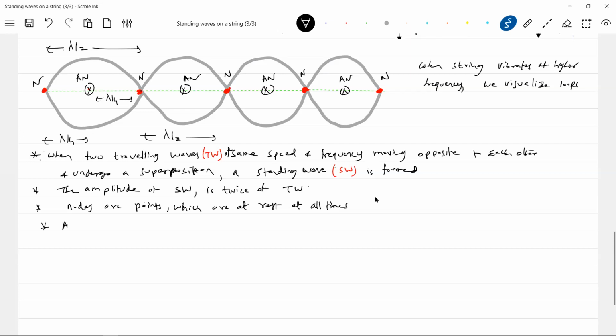Next, what about antinodes? Points which will have amplitude equal to that of the standing wave.